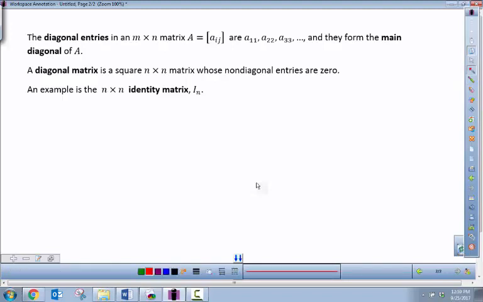This is sometimes how they write the matrices: A is equal to, in square brackets, A_ij, that'll represent the whole matrix. And then the diagonals are the ones that have the same column and row subscript. And even if it's not a square matrix, we can still refer to the diagonal, right?